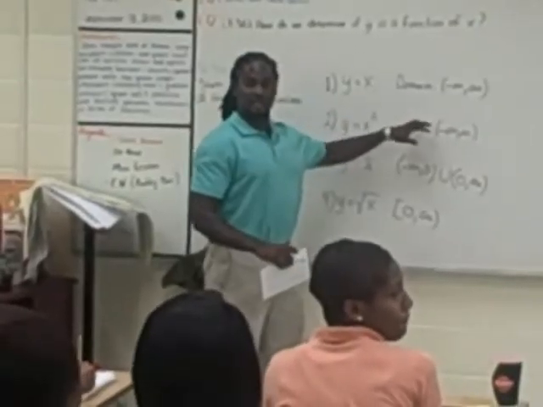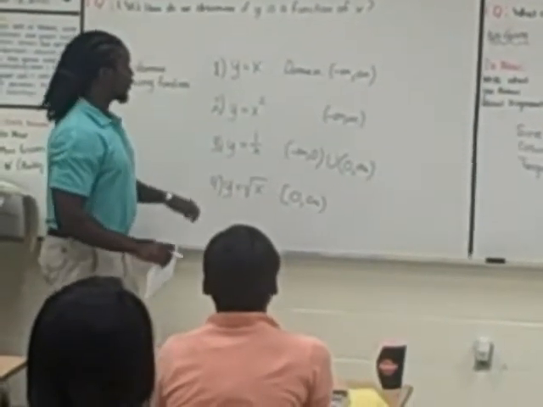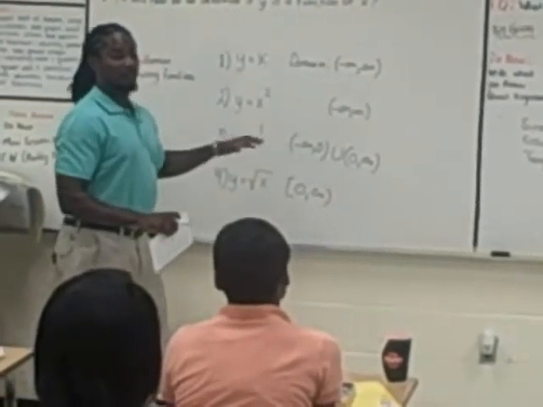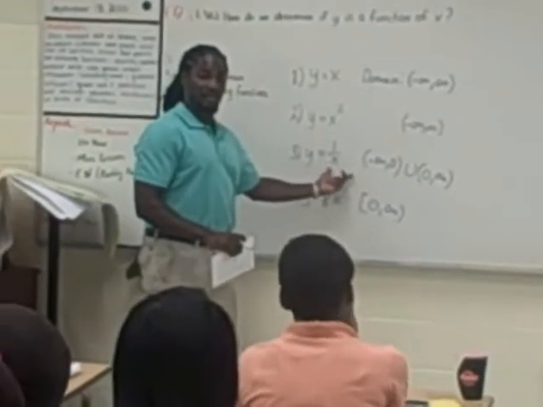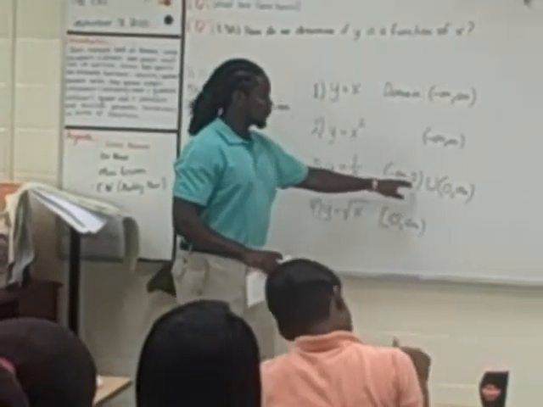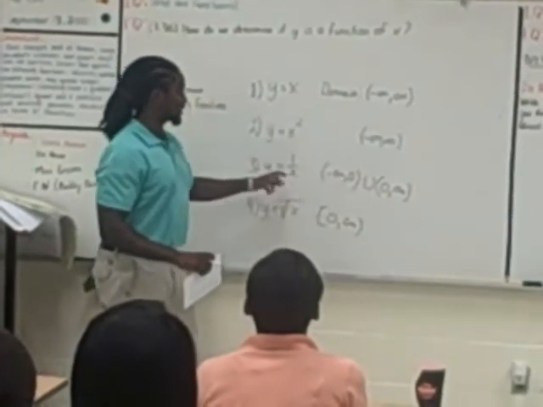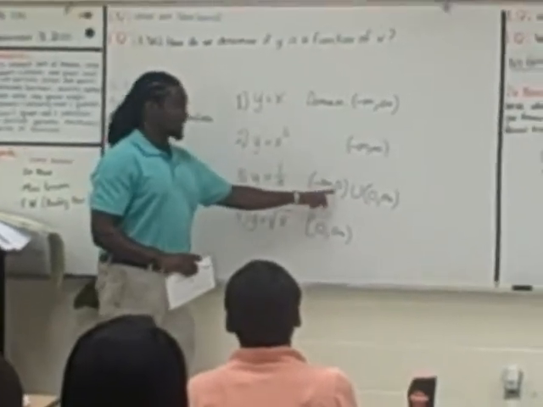Does everybody understand this? Where are you getting 0 from? We're dealing with the fraction. Domain is the set of all your input values. These are values that I can input into this equation and make it true. The reason we go from negative infinity to 0 is because I can plug in any negative number all the way up until I get to 0.